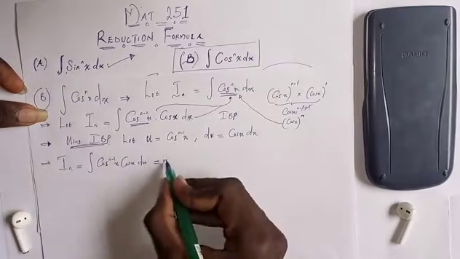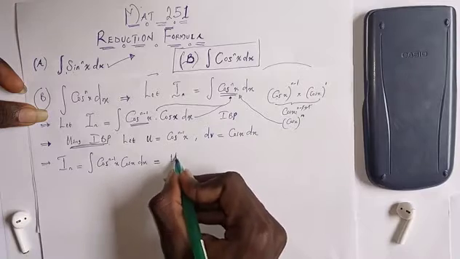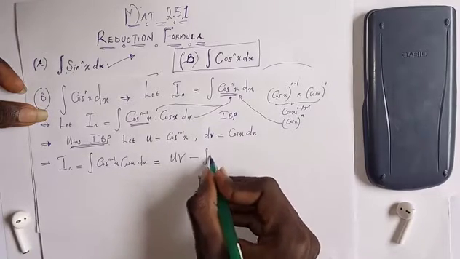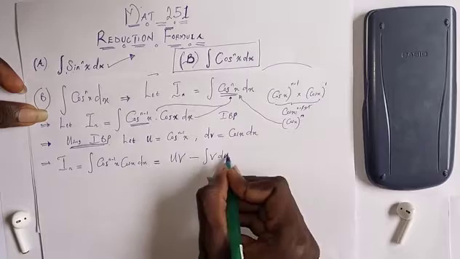Since I'm using integration by parts, this expression becomes uv minus the integral of v du.